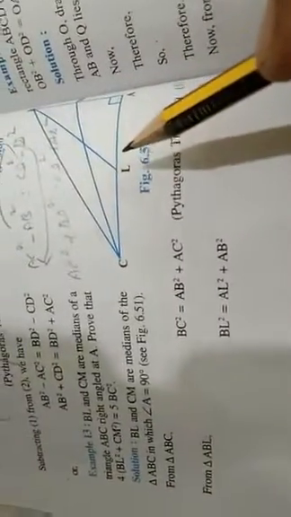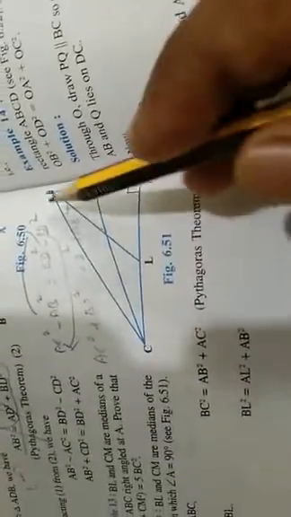So here all of them involve a hypotenuse. The angle is 90 degrees. So in triangle ABC, we need BC squared. So BC squared equals AB squared plus AC squared.